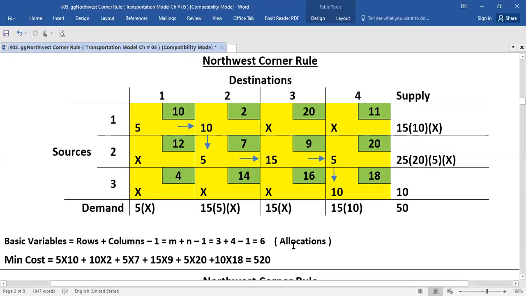I hope that you will enjoy this method and try to solve this problem 3 to 4 times or more until you become perfect in this manner. So watch this video again and again for perfection.